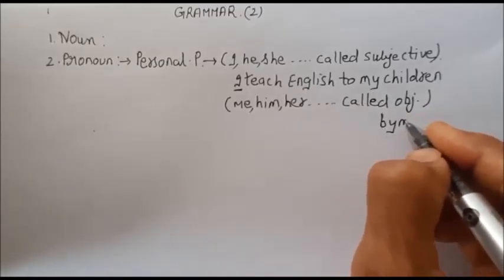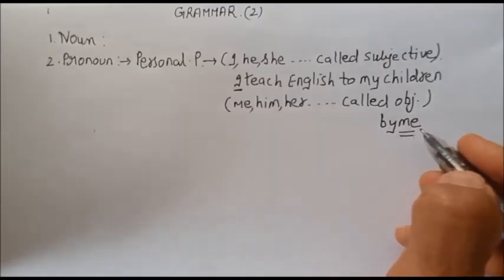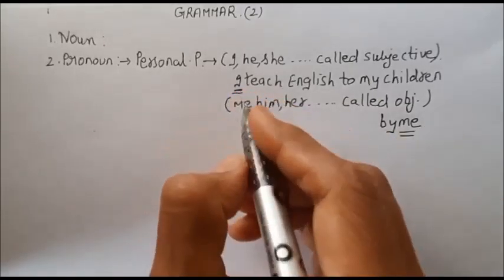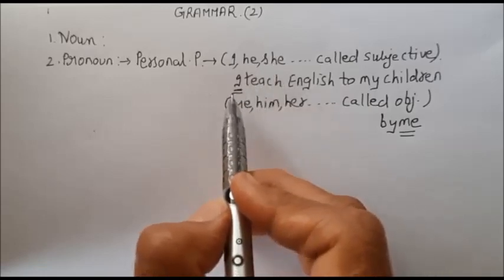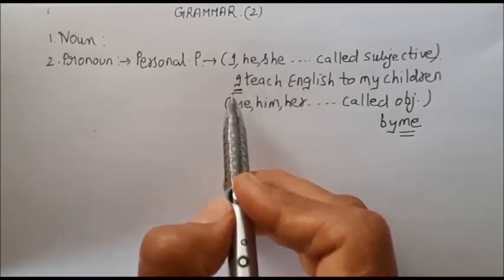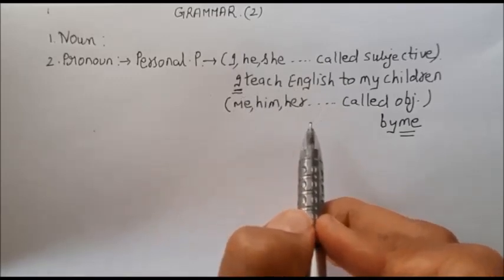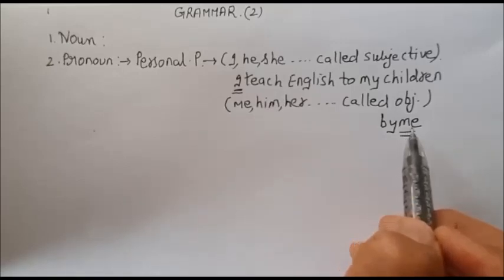Now here this pronoun is used in the place of object, whereas I was used in the subject place. So when pronouns are used in subject place, it is called subjective personal pronoun, and when it is used in the object place, it becomes objective personal pronoun.